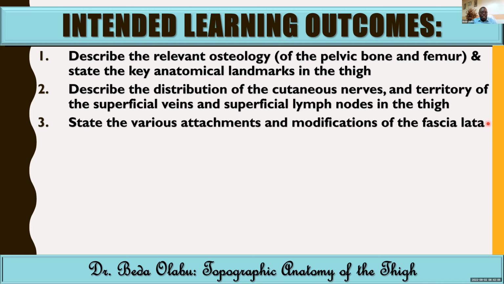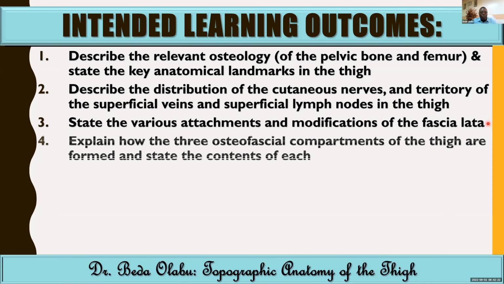After the subcutaneous structures, we'll go slightly deeper and look at the deep fascia of the thigh, which we call the fascia lata. On this one, we look at the attachments as well as the modifications of the fascia lata. Beyond the deep fascia of the thigh, we go deeper and we find the muscles. The muscles of the thigh are organized in compartments.